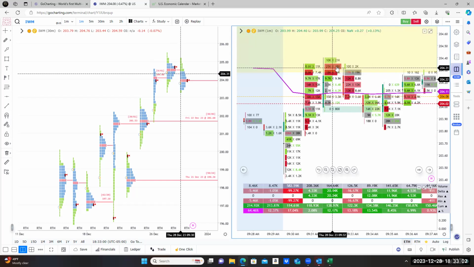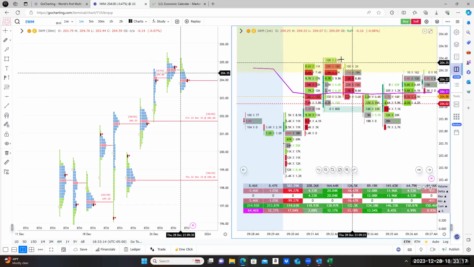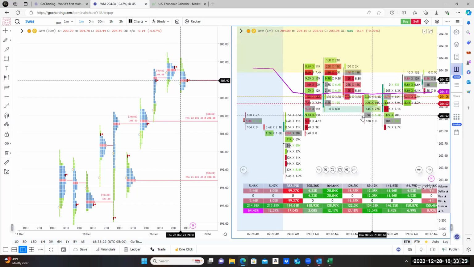And then at the top of this candle, we had 21,000 buyers here, right? But the sellers came in at the top of that candle and made a P shape for the volume profile. The next candle tested it and then dropped. And then we dropped in the second minute.